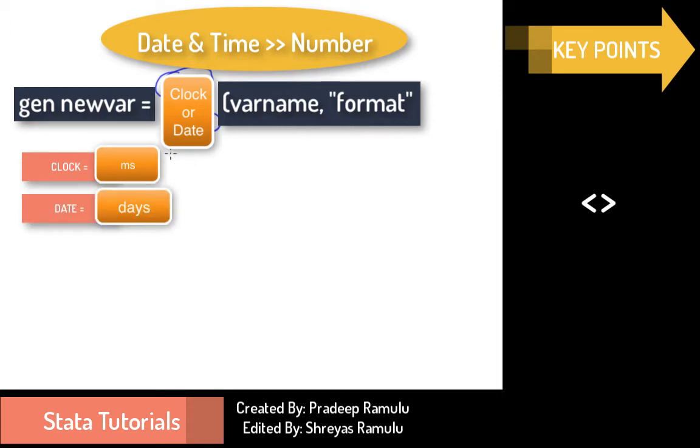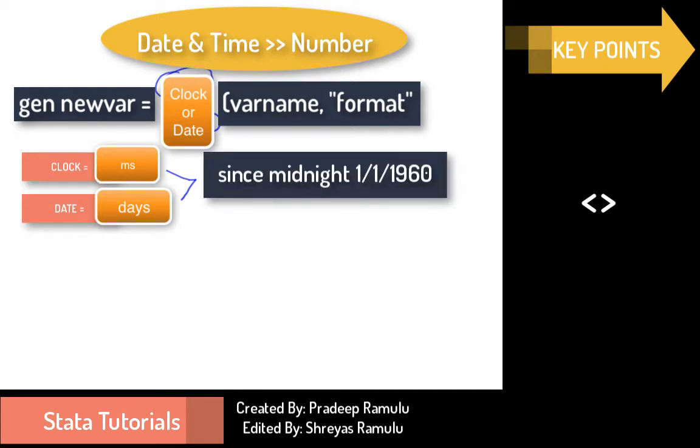Milliseconds and days since what? Both of those are going to be milliseconds or days since just after midnight, the midnight immediately preceding January the 1st, 1960. Don't ask me why Stata chose that date, but that's what it is. So you're looking at milliseconds or days starting from this time point.